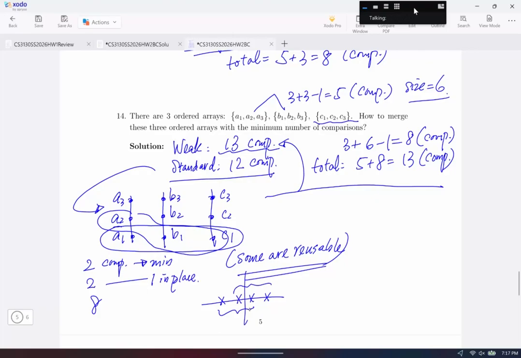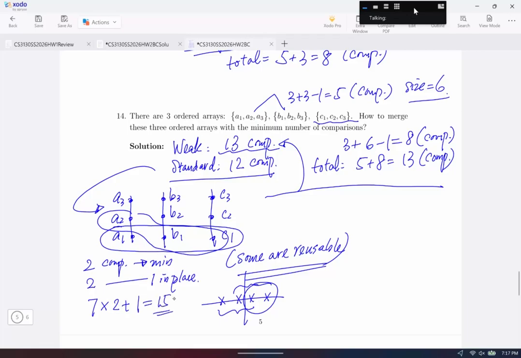So put 7 in place. We can do a little better. 7 in place, each one 2 comparisons, because for the last one you only have 2 elements left, so you just need 1 comparison. So 7 times 2 plus 1, 15.